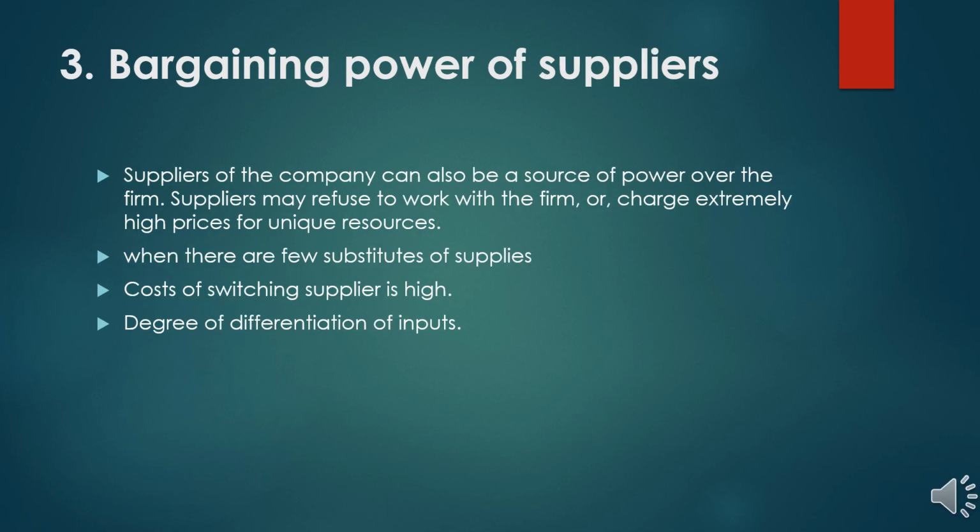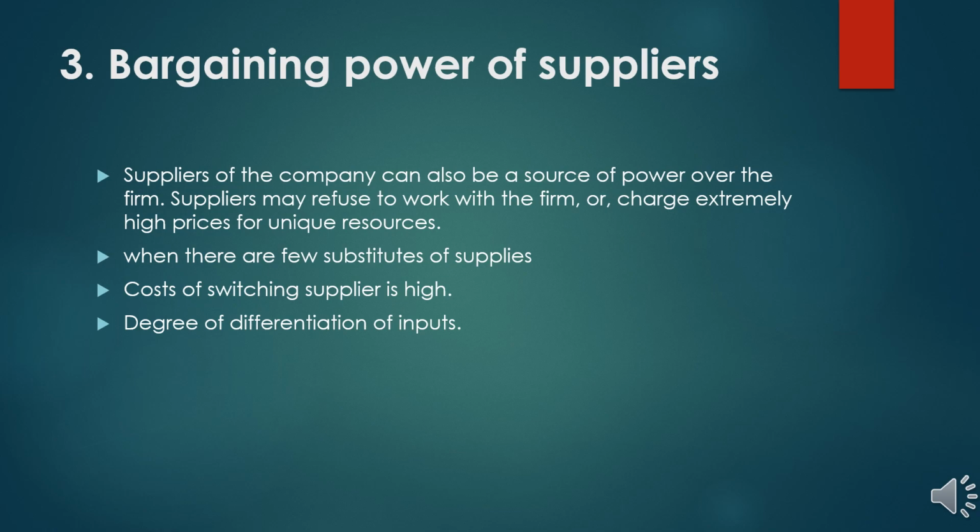The bargaining power of suppliers can be another force because suppliers supply different types of raw materials, components, and services for the company. So they also have a type of power over the firm.